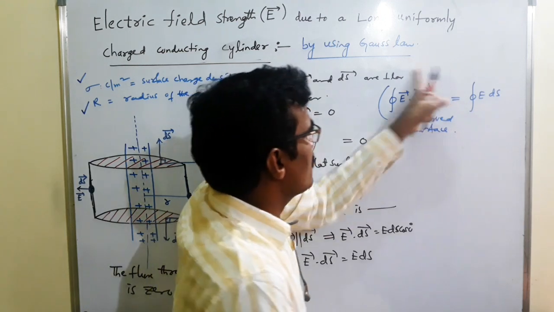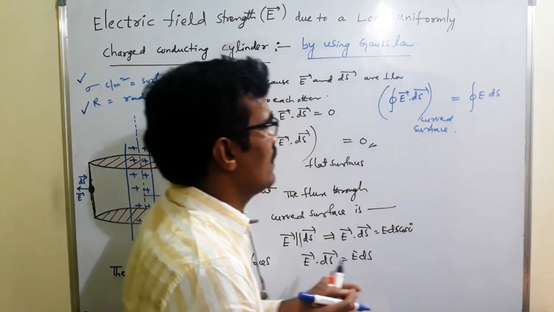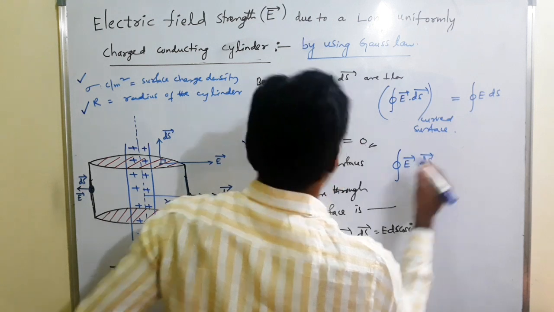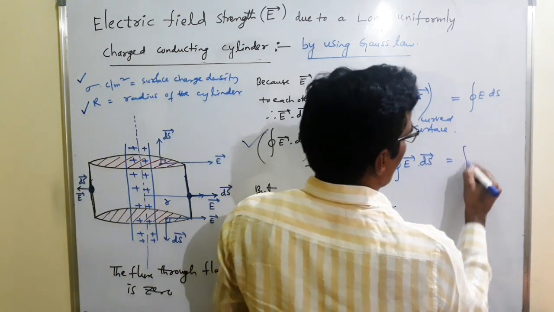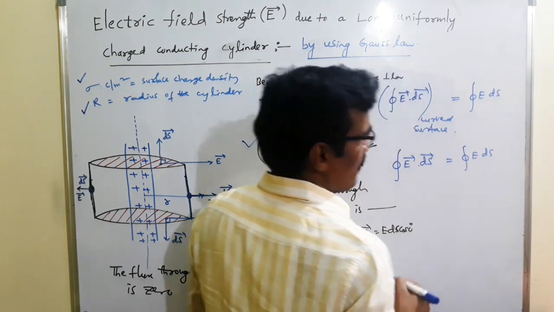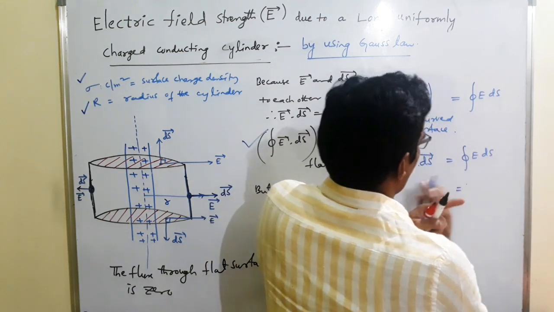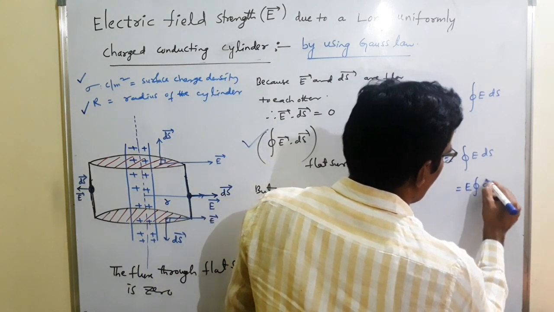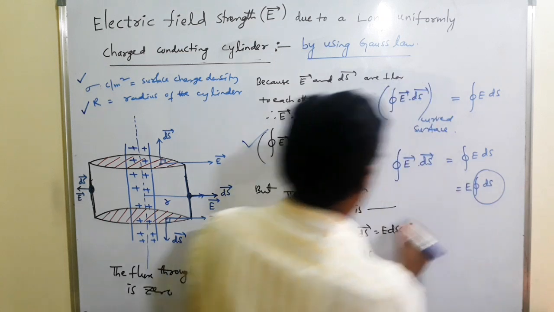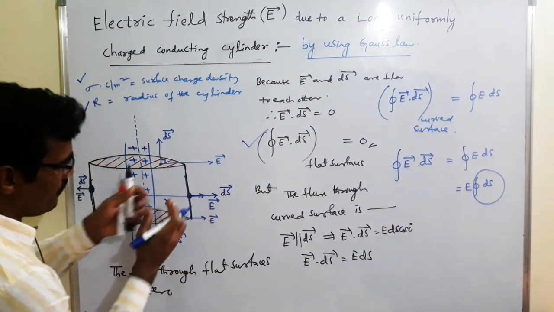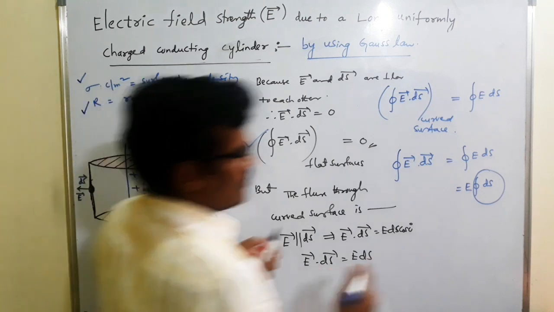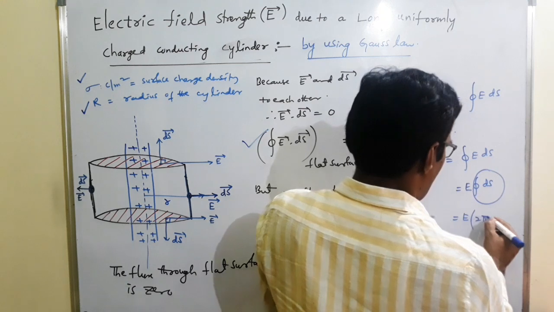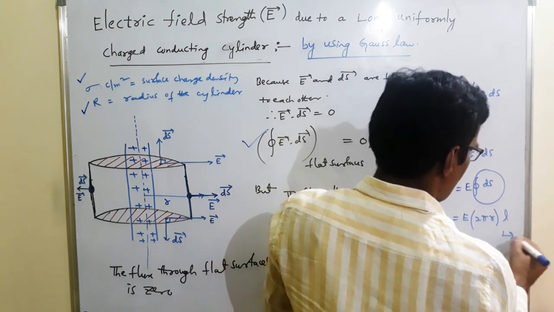Therefore the flux through the entire Gaussian cylinder is equal to integration E ds only. Integration E ds is nothing but E into integration ds. Integration ds is nothing but the area of this curved surface. Therefore here E into 2 pi r into L. This is equation 1.